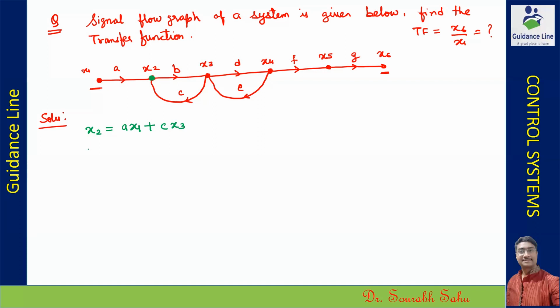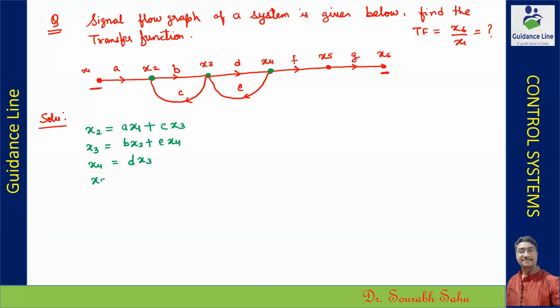Okay, now next, x3 is represented as b x2 plus e x4. Next we have x4, and x4 is nothing but d times x3.